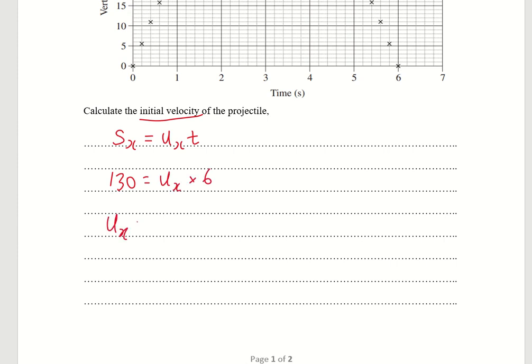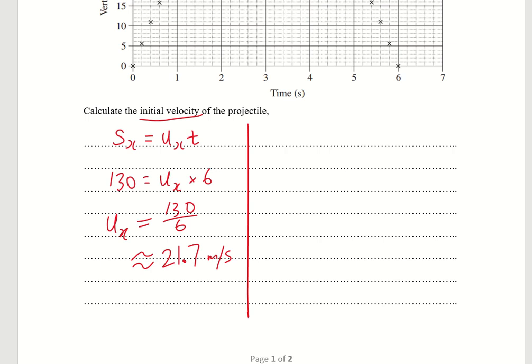So ux is 130 over 6. If I round that off to 3 significant figures, my answer would be 21.7 meters per second.